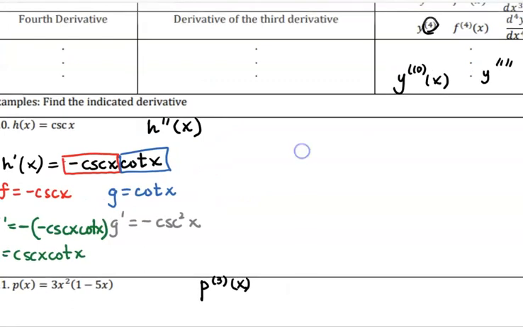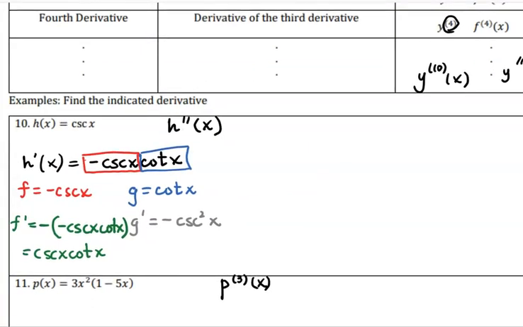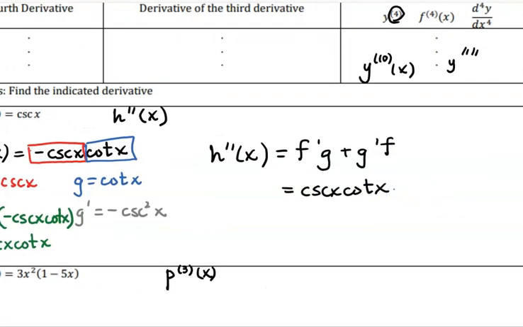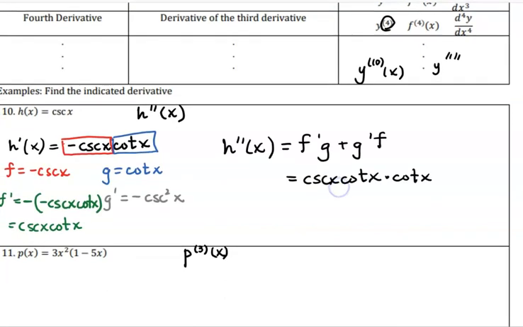Now we have all four pieces that we need to fill out h double prime of x, because we already had the first derivative. We're using the product rule, f prime g plus g prime f. F prime is cosecant x cotangent x, and g is cotangent x, so this is multiplied by cotangent x. Make sure we see where everything's coming from.